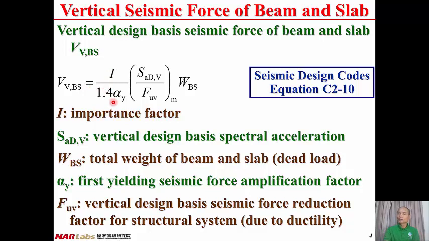It equals I divided by 1.4 alpha Y, where I is an importance factor and alpha Y is the first yielding seismic force amplification factor, times SADV divided by FUV modification times WBS. SADV is the vertical design basis spectral acceleration. FUV is the vertical design basis seismic force reduction factor for the structural system due to ductility. And WBS is the total weight of beam and slab. That's the dead load of the beam and slab.